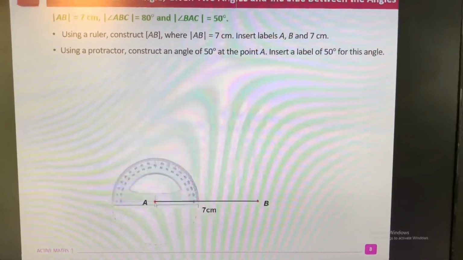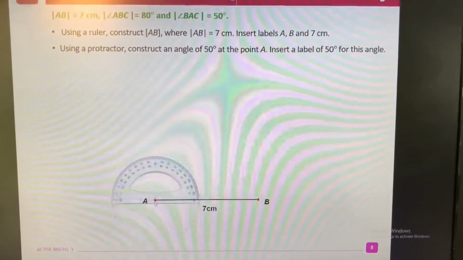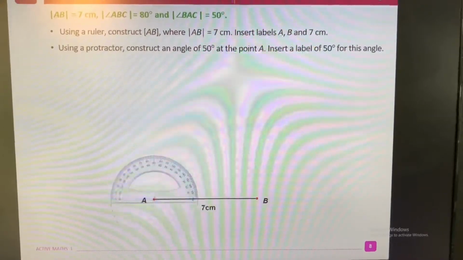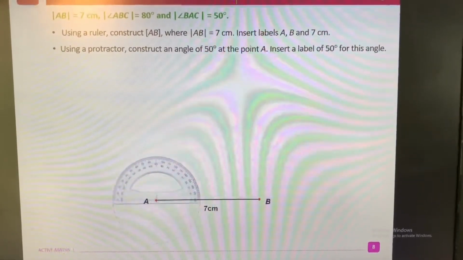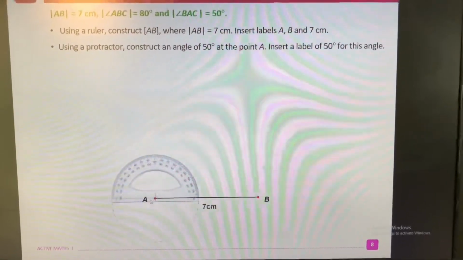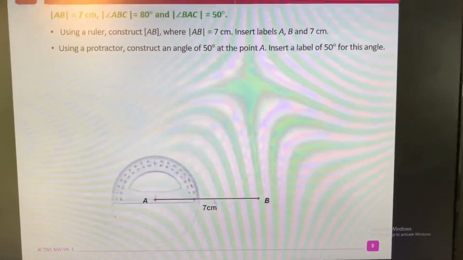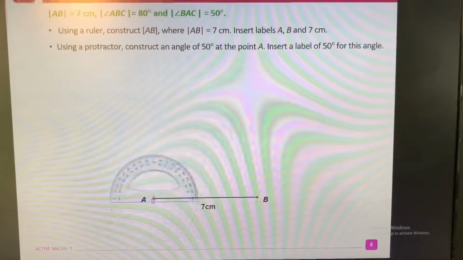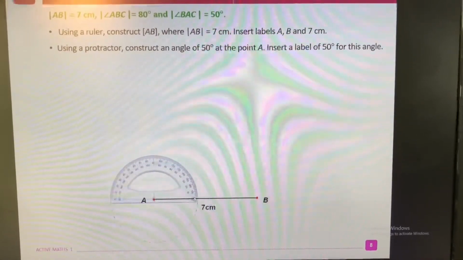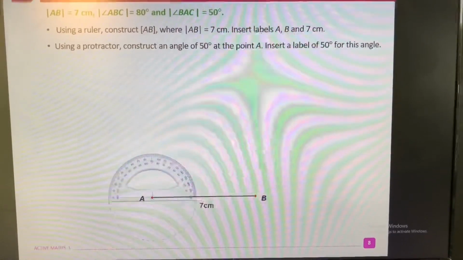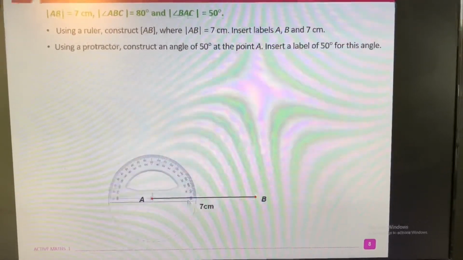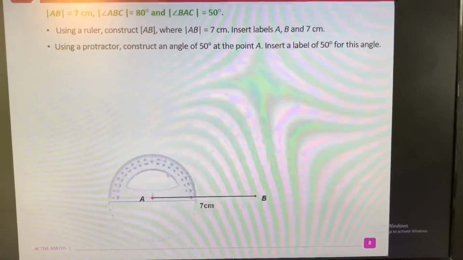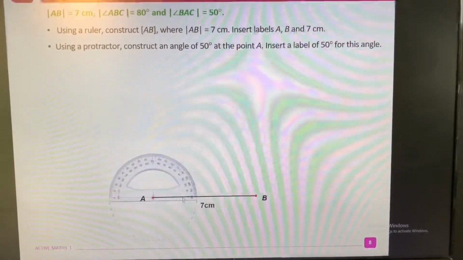So whichever angle the point is sitting on, that is the point that we have to place in our center mark of our protractor, making sure that the base line of our triangle is exactly underneath the baseline of our protractor. Whichever 0 it passes through, so it's passing through 0 here, that's the inner scale. It's a number on the inside.